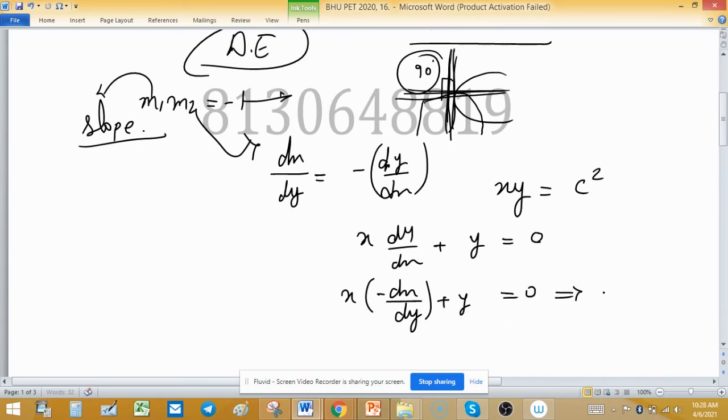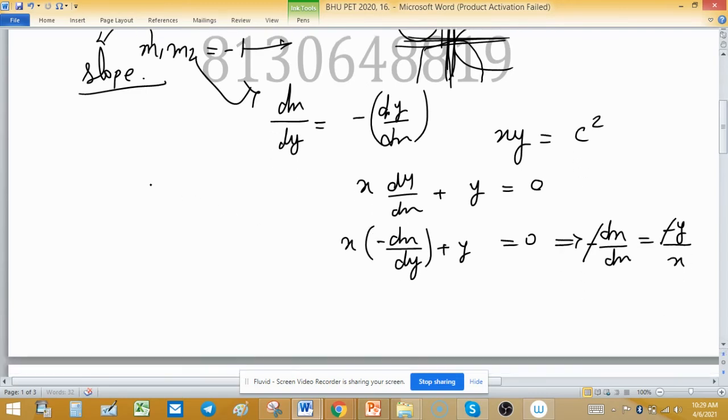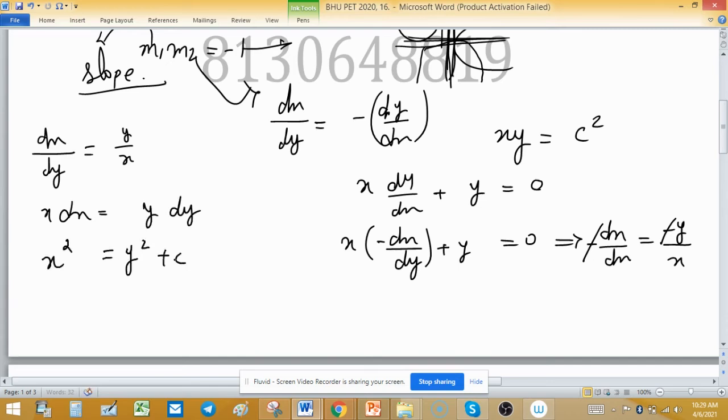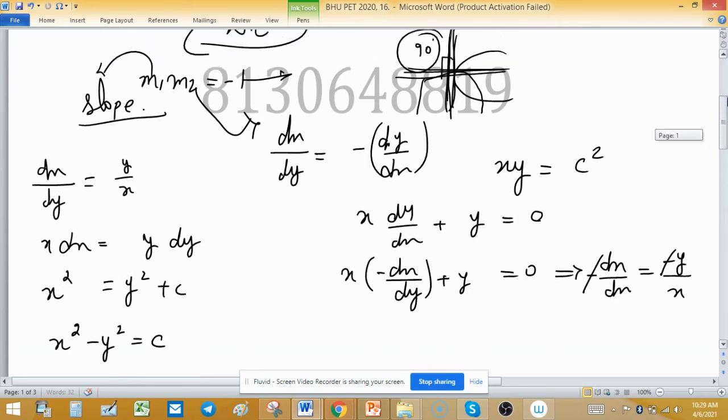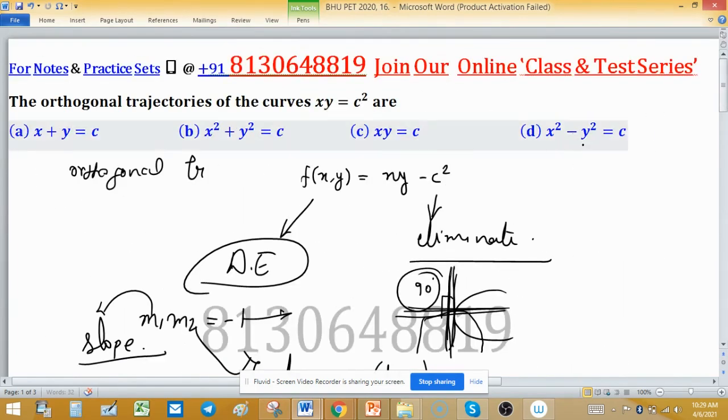This means that dx over dy is equal to minus y upon x, negative cancels out by negative. Variable separable method is used here, x dx equal to y dy. Now integrate this one, x square equal to y square plus c, meaning x square minus y square equal to c. This is the orthogonal trajectory, so option D is correct.